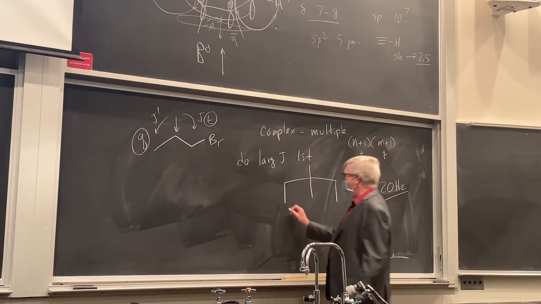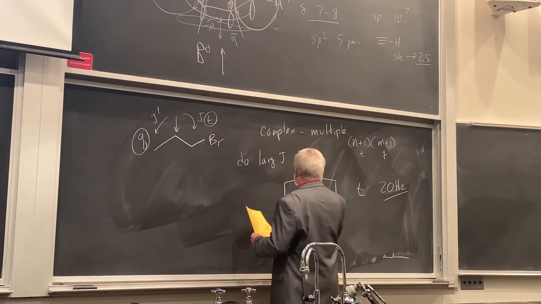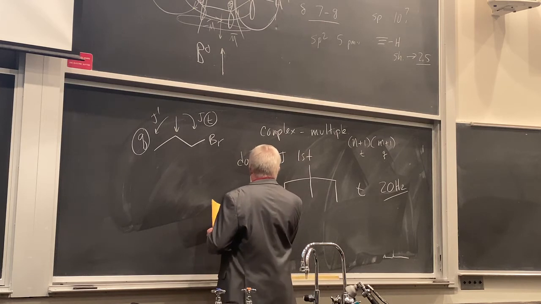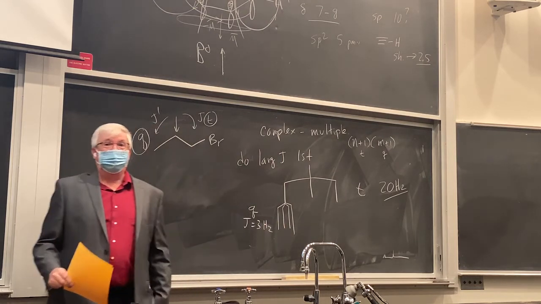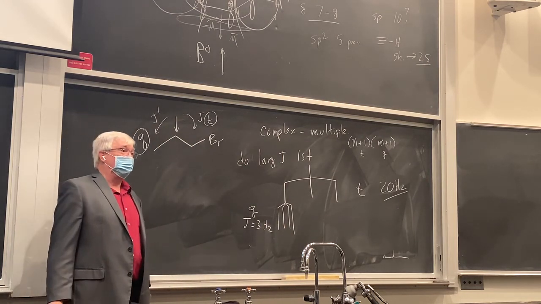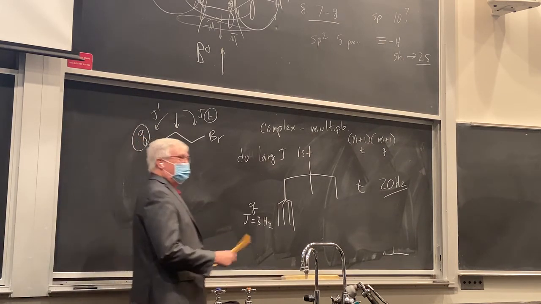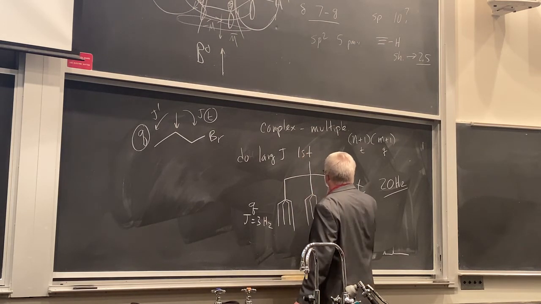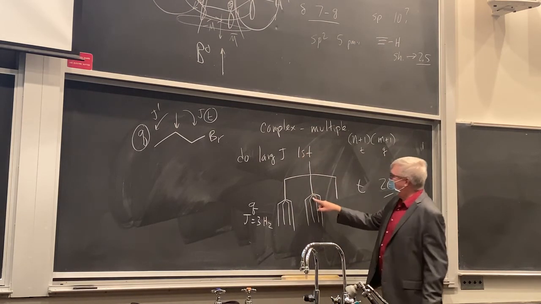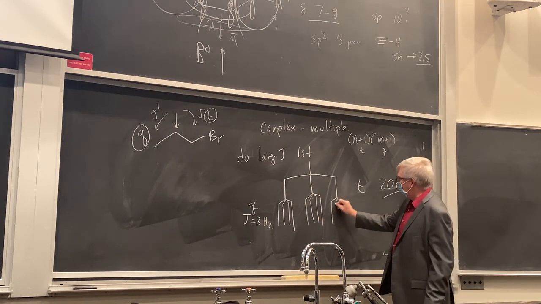Ouch. So how many lines here? And these are going to be small. Let's say that for the quartet the J is 3 hertz. And we see this sometimes. We're getting you ready for a harder example where we'll see these multiplets of multiplets. This lets you come at it a little easier, I think. Then this line will be split as a quartet, and this line will be split as a quartet also.